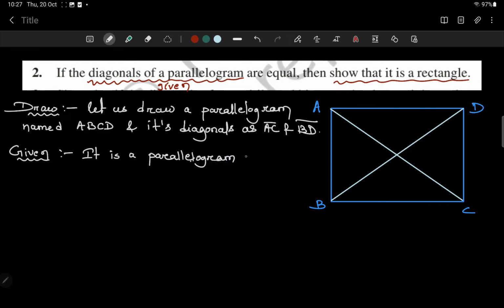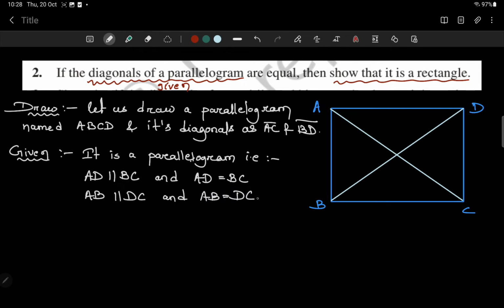Parallelogram means AD is parallel to BC and AD equals BC. So in a parallelogram we know this is a must. Then AB parallel to DC and AB equals DC.